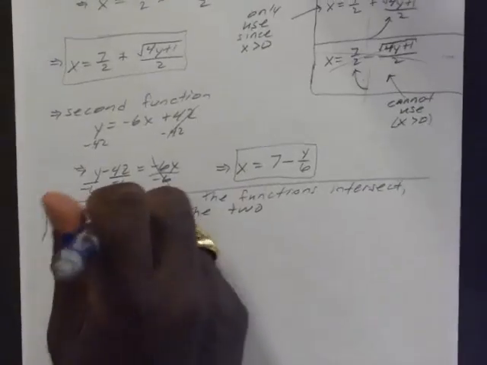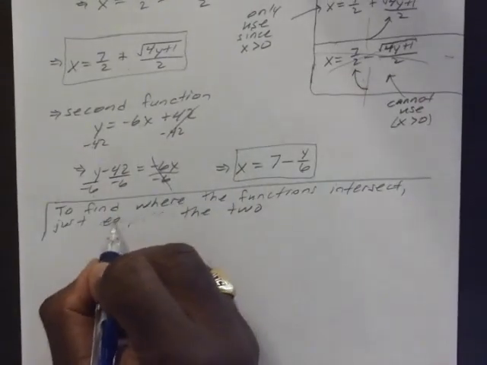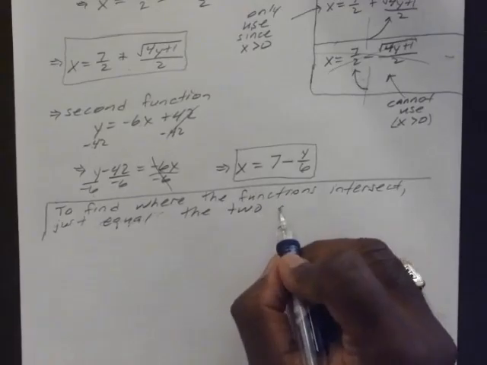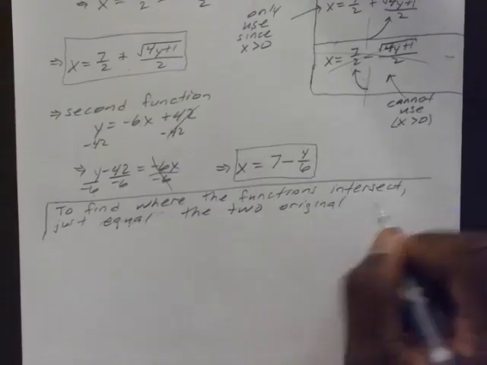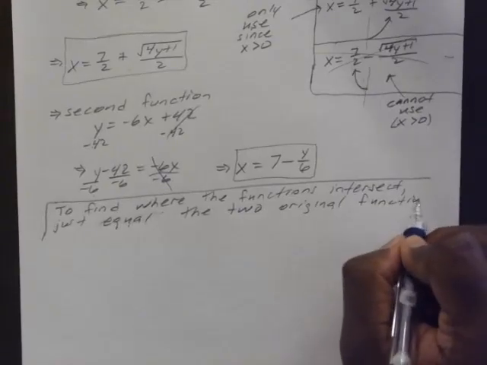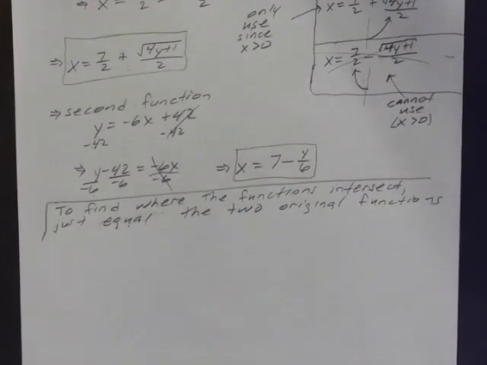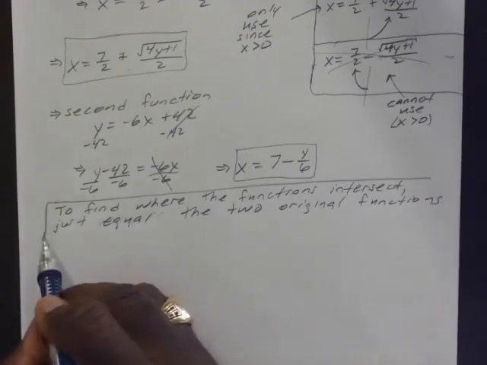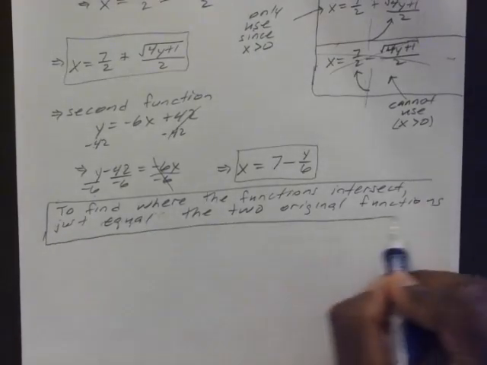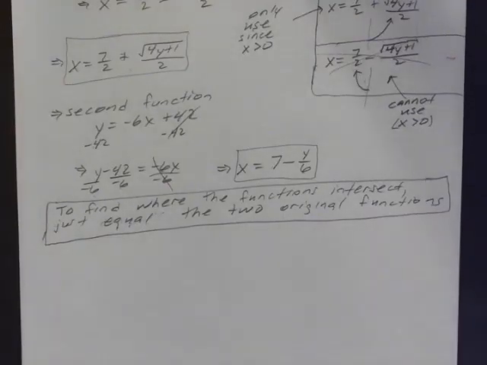Compare doesn't really sound as clear. Okay, so what that does is that tells us the x-coordinate of where they intersect. So once we know the x-coordinate where they intersect, we can use that to find the y-coordinate where they intersect. And once we find that y-coordinate where they intersect, we'll have our leftmost and rightmost bounds.